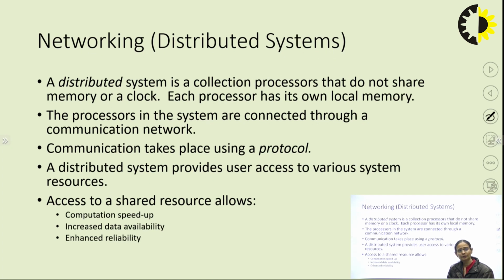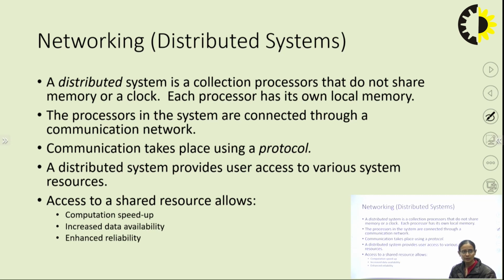Another important component is networking and all the distributed systems. They have this networking OS component. A distributed system is a collection of processors that do not share memory or a clock. Each processor has its own local memory, and these processors are connected through a communication network.